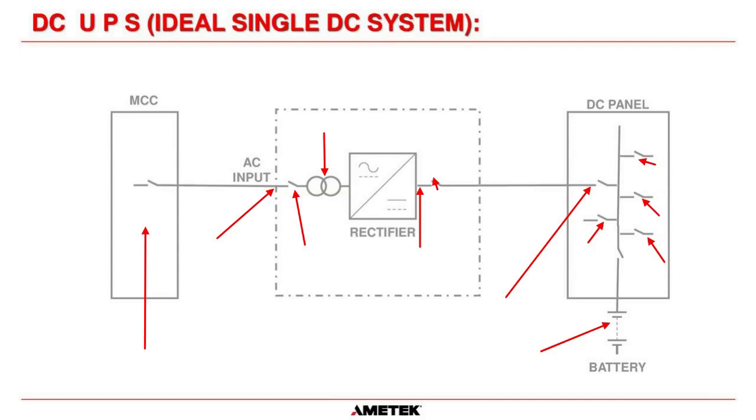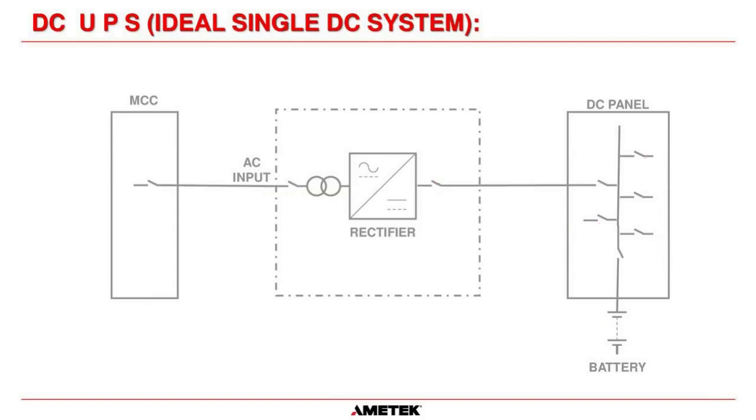Okay, so this is a really good design, because what you can do in this circumstance is you can isolate the charger at this point here, and you can still have the battery online feeding the load circuits, and you can do maintenance or even replace the rectifier while you're still supplying load with the battery.